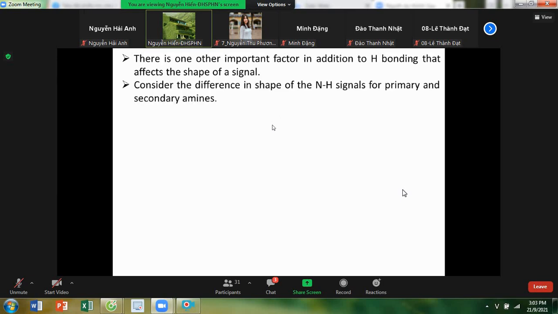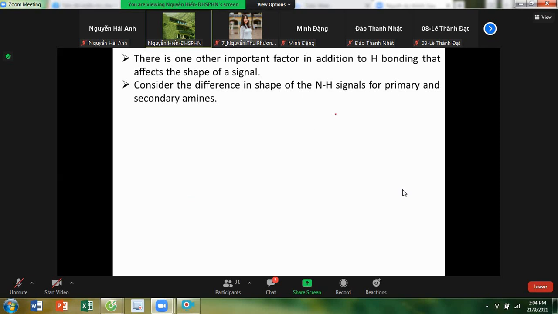So let's consider the difference in the shape of the NH signals of primary and secondary amines. If you remember, I think you are taking the organic chemistry 3 course given by Dr. Huan, right?